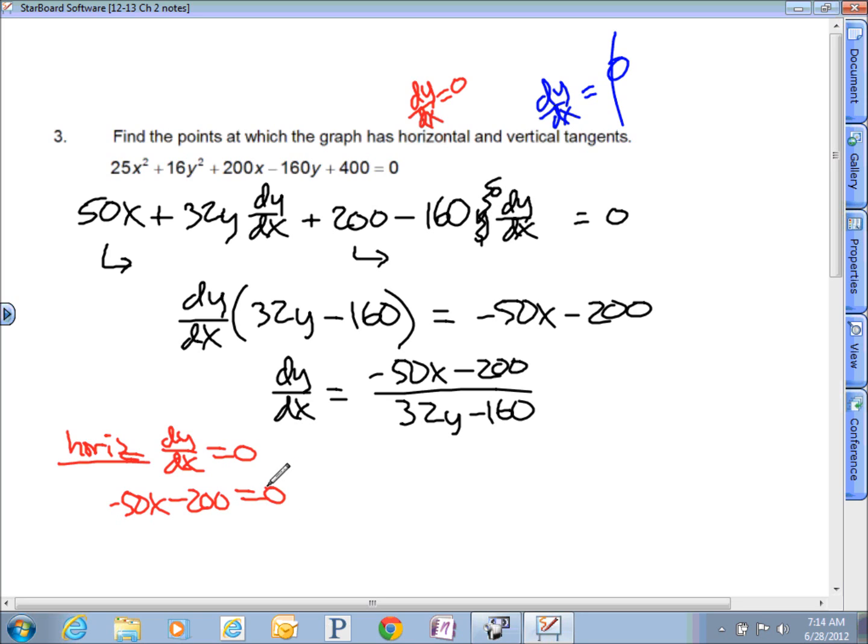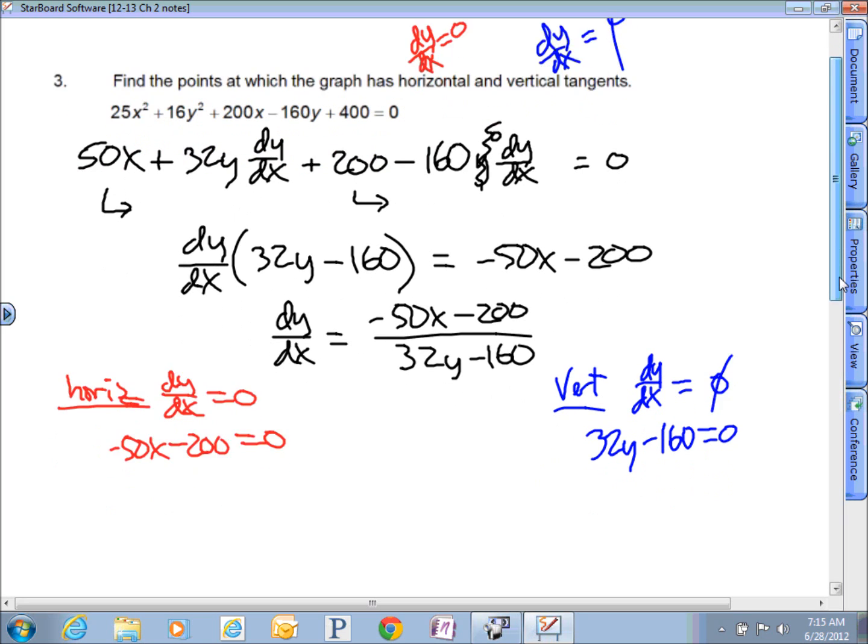And over here, I'm going to find my vertical tangent. Well, my vertical tangent, I'm going to find out when the derivative doesn't exist or is undefined. Well, the fast way to do that is to set the denominator, 32y minus 160, equal to 0.